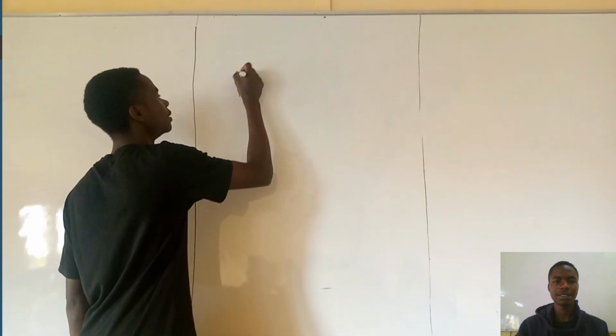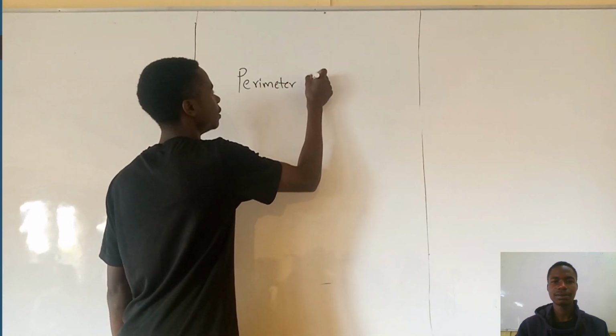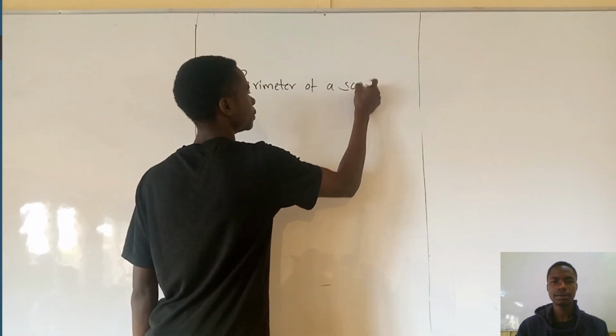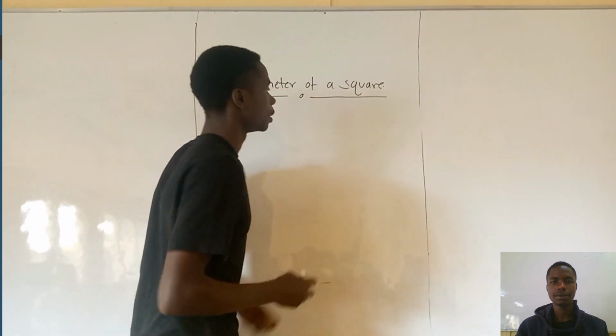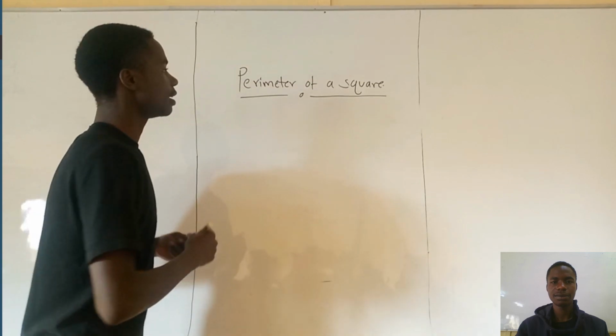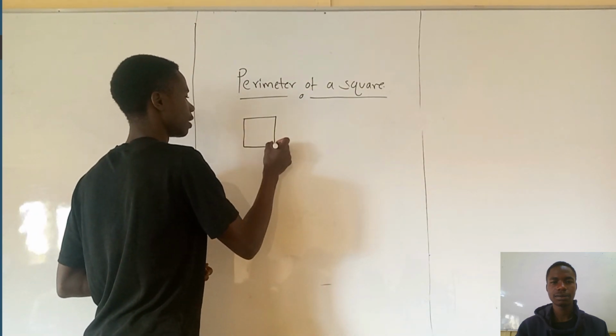For example, the perimeter of a square. A square is a 4 equal sided shape or figure.